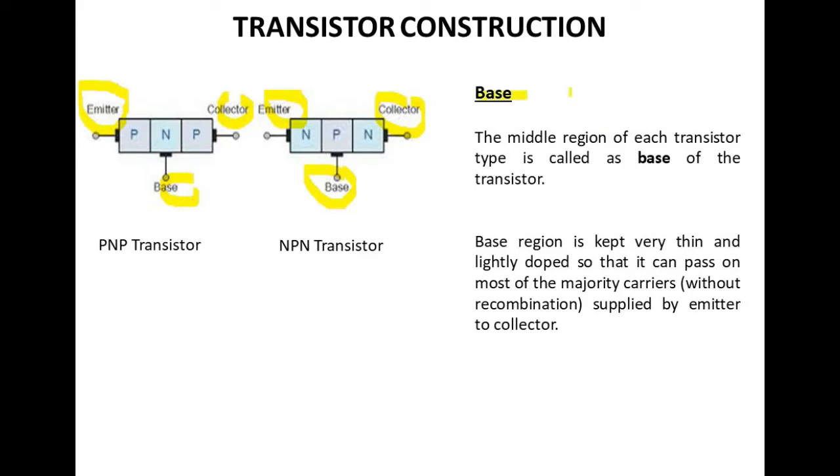First we study the base. The middle region of each transistor type is called the base of the transistor. Base region is kept very thin and doping of base region is very light, so that it can pass on most of the majority carriers, which are supplied by the emitter, to the collector without recombination.